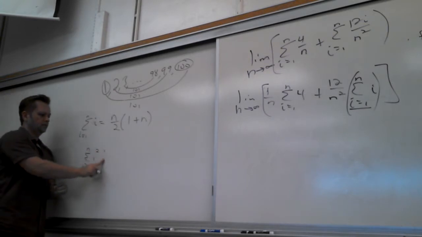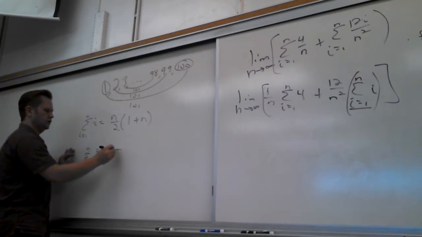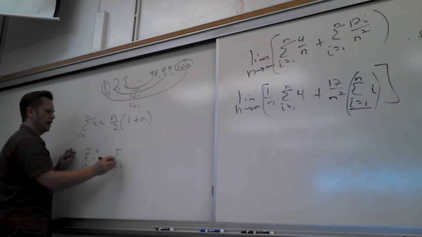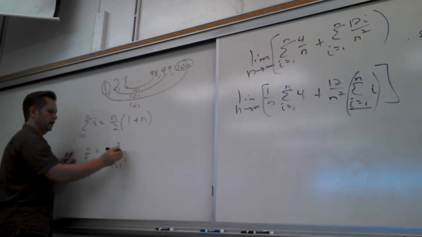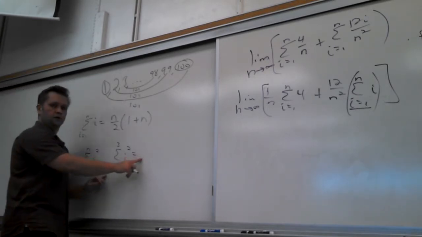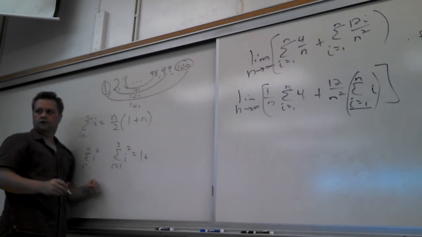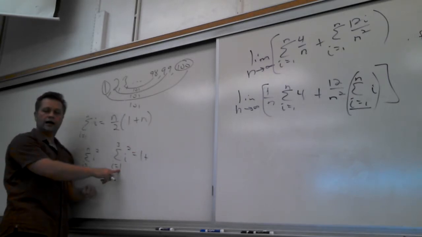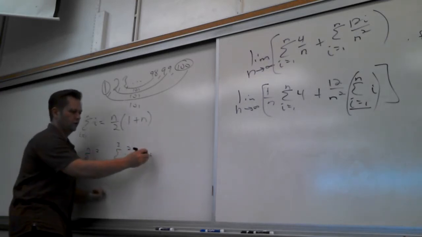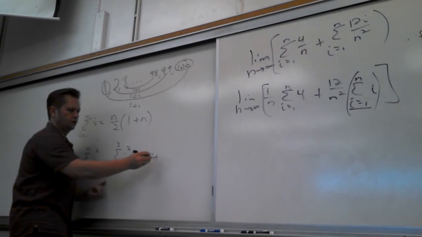All right, but let's get a feel for what's going on here. If I had the sum of i equals 1 to 3 of i squared, what would that look like? What's the first element? 1, plus, because now i is 2 next, so 2 squared is 4. i is 3 next, so 3 squared is 9.